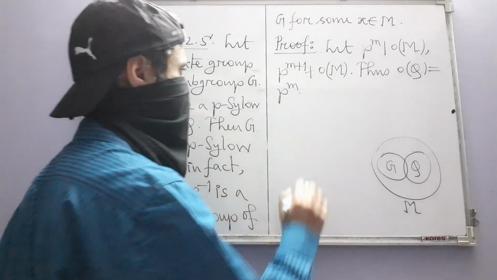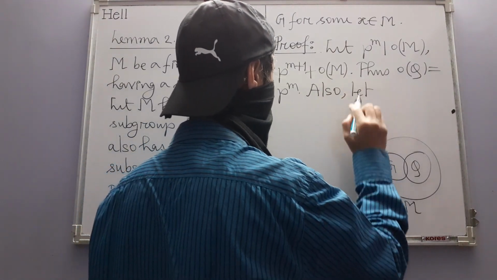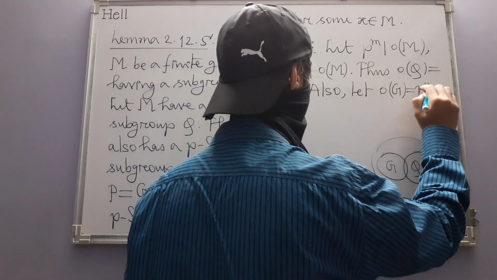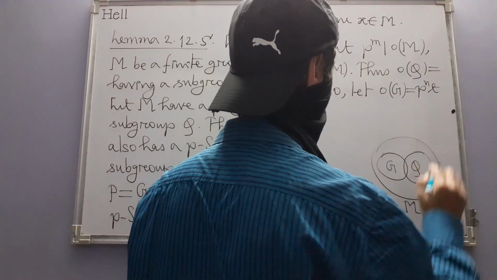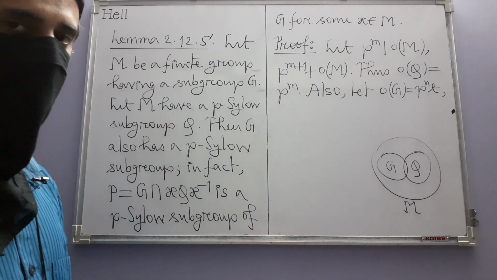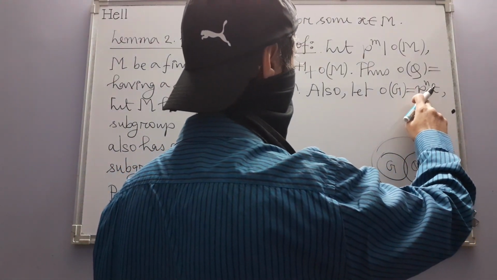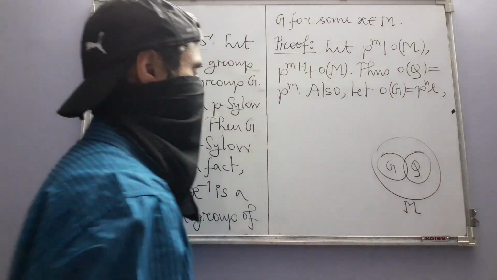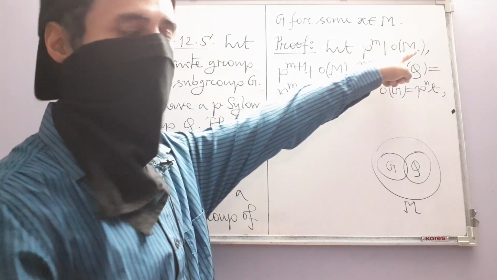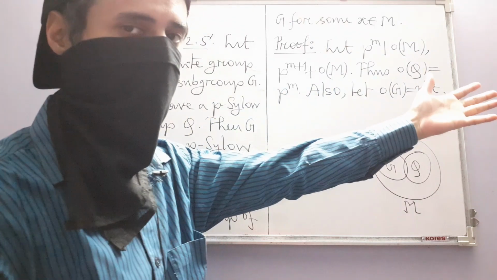Also, let the order of G be of this form, where n and t are integers and n of course is at most m, because the order of G by Lagrange's theorem also divides the order of M, so n cannot exceed m.